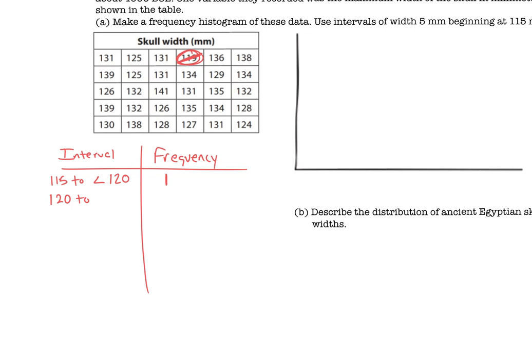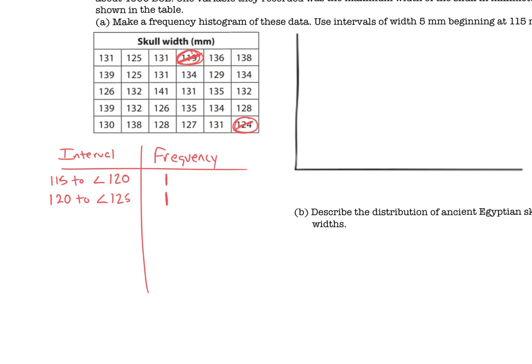We want to be less than that, so that's going to be less than 125, which means 120, 121, 122, 123, 124, the width is still 5. So what you do is you look at your data set and you go, well, how many data points do I have that are either 120, 121, 122, 123, 124? Well, I have one data point here that's 124. So the frequency count there is 1.